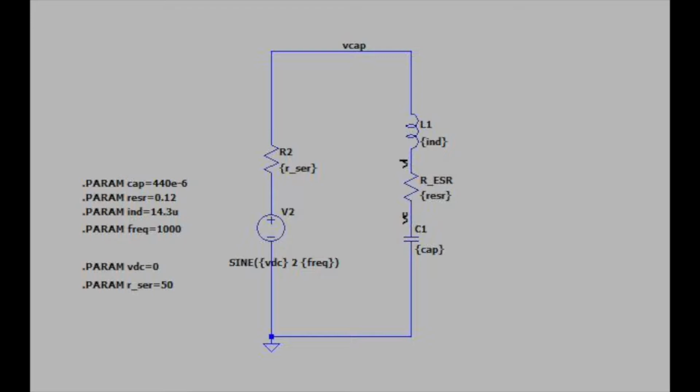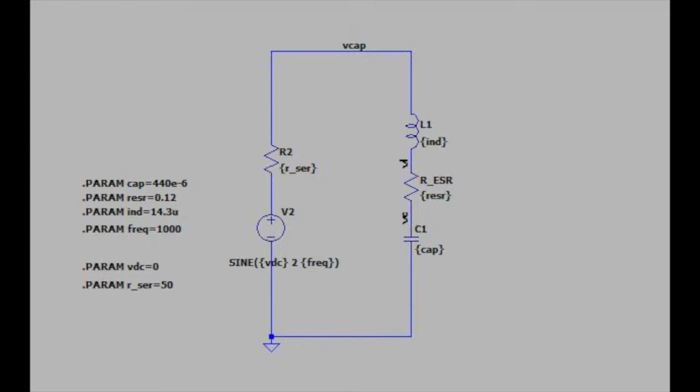The capacitor is C1 over here, which is 440 microfarad. It was measured as 440 microfarad on the DE5000. The series resistance is the combination of the inductor and the capacitor, and the inductor is 14.3 microhenry. The frequency is 1 kilohertz.